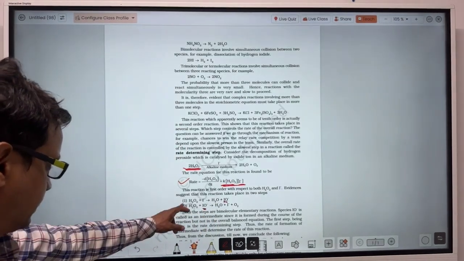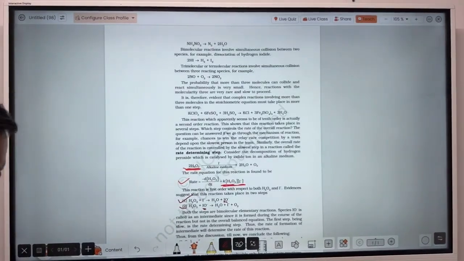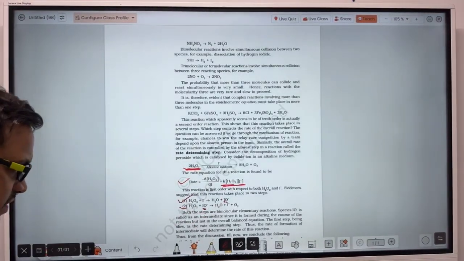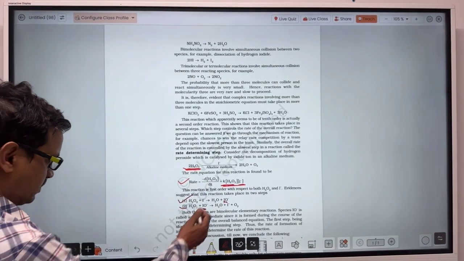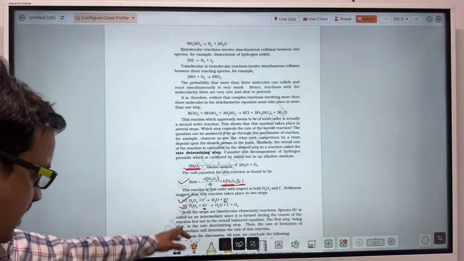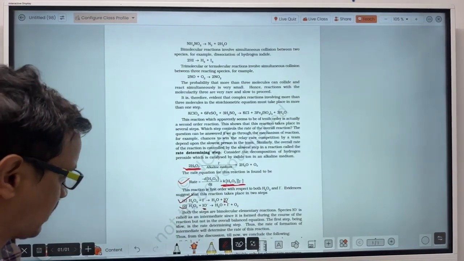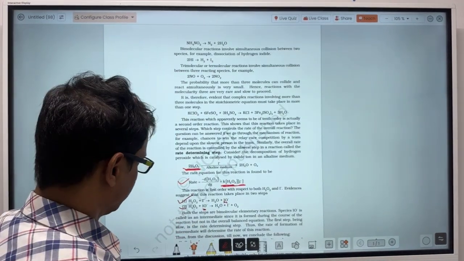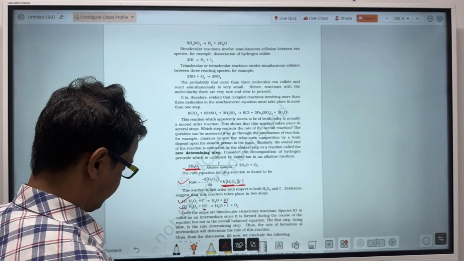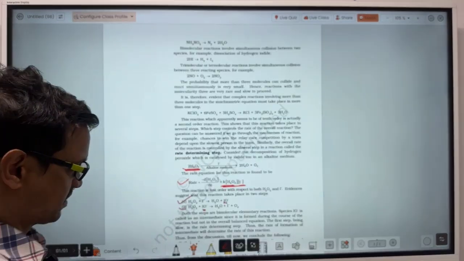So the first step is the rate determining step. In the first step, there is formation of iodide ion and IO minus ion, and this IO minus reacts with H2O2, and there is formation of water, iodide ion and oxygen. So in this case, the first step is the rate determining step.